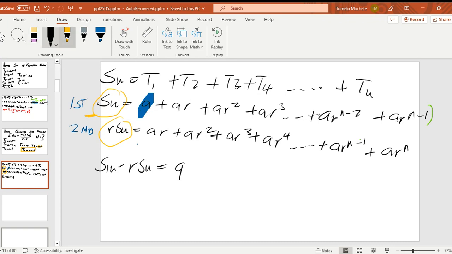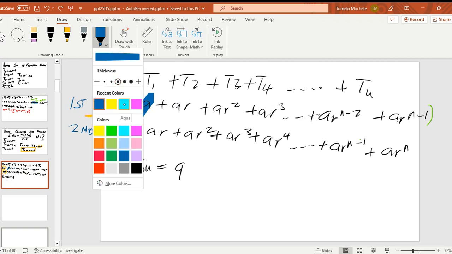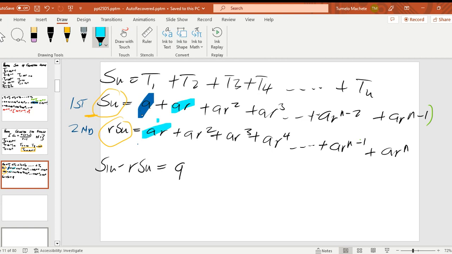Then I move to the next one, Ar. Ar will cancel. Okay, let me use a different highlighter. Ar will cancel with this one when I subtract. Ar squared will cancel this one.